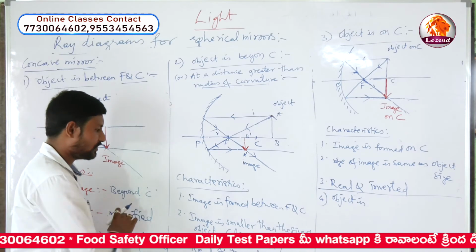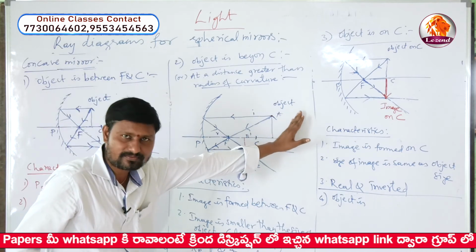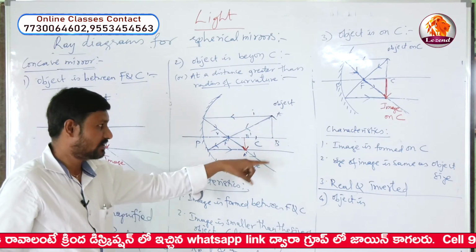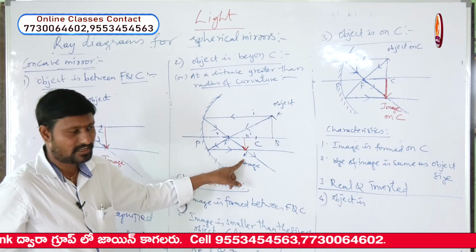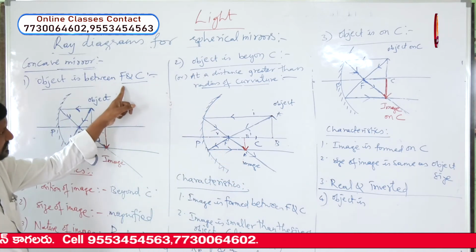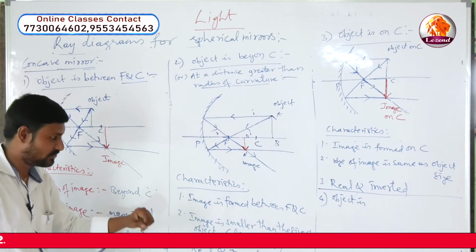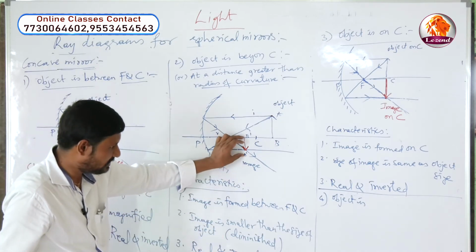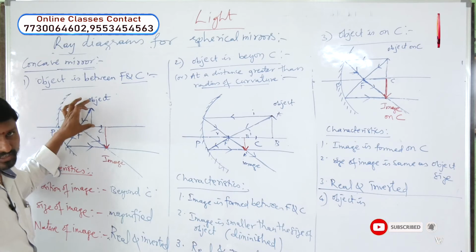And the next, if you observe carefully, this situation is quite opposite to that of this one now. Observe carefully here. When the object is beyond C, image is formed between F and C. Here, when the object is between F and C, image is formed beyond the center of curvature. Number 2, the image is smaller than the size of the object. But here the image is larger than the size of the object. Quite opposite.